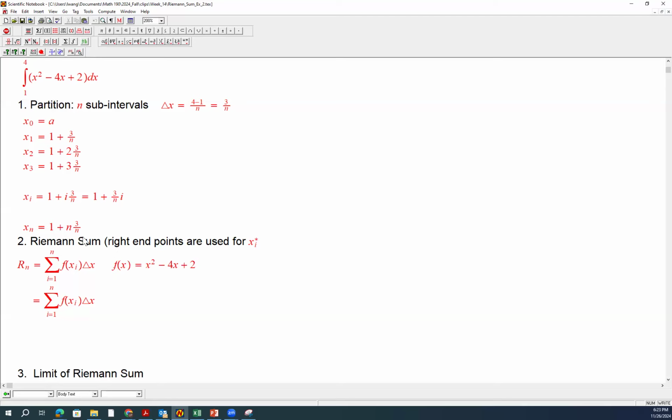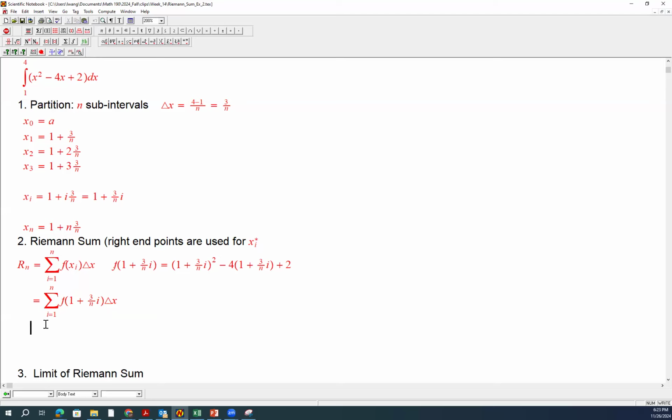And our x sub i is going to be in the place of x. So we're going to do a bunch of substitution. This x will be replacing that x, and all the x will be replaced by this new expression. And that's going to be f of x sub i.